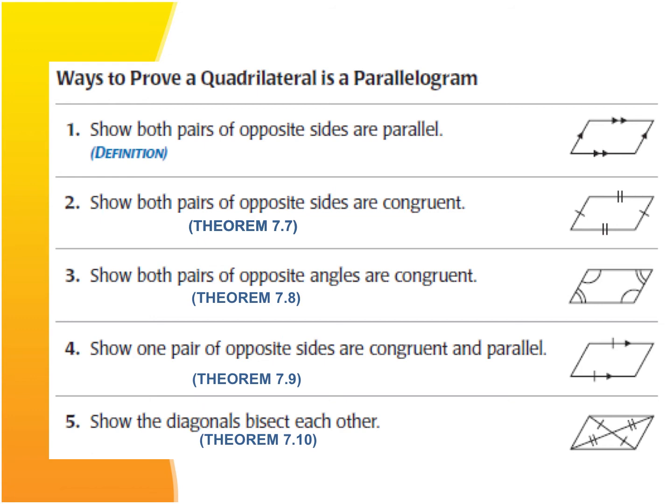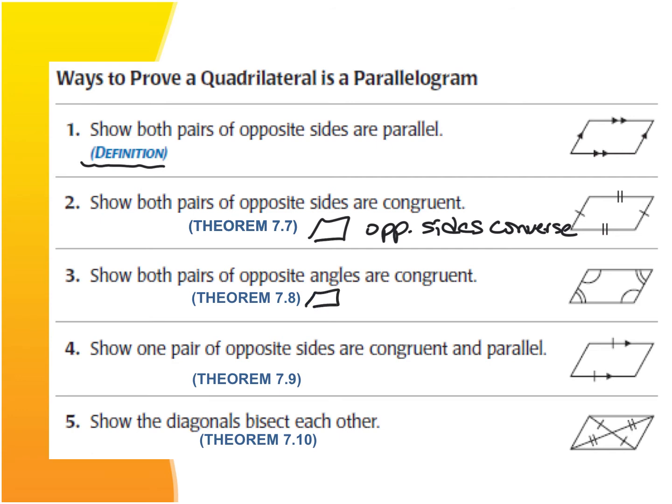So again, the first one is the definition. The next one is to show both pairs of opposite sides are congruent. So again, that's our parallelogram opposite sides converse, if you want to know the name of it. The next one is to show both pairs of opposite angles are congruent.